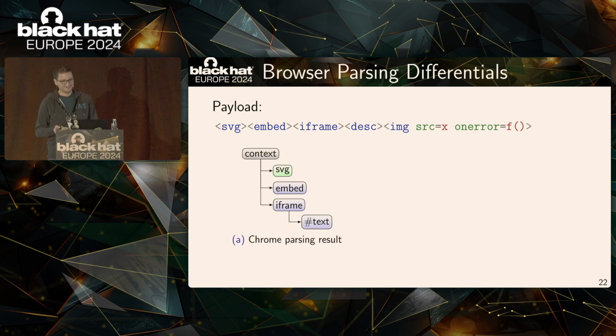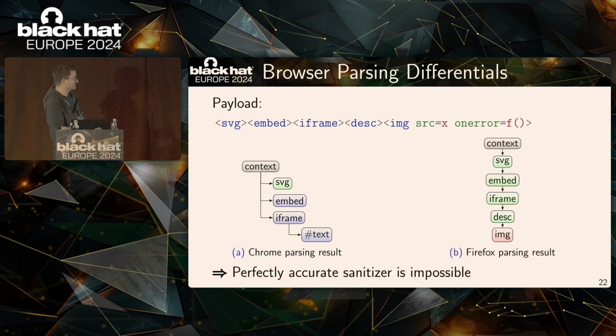For example, if you put this in Google Chrome, you will get the following, which is perfectly benign. An SVG tag, below embed, iframe, and everything below the iframe is text, like I've shown before. If you have it in Firefox, you get something like this. This means Firefox never terminated the SVG namespace, and the image tag is the only thing which closes the SVG namespace and executes JavaScript code.